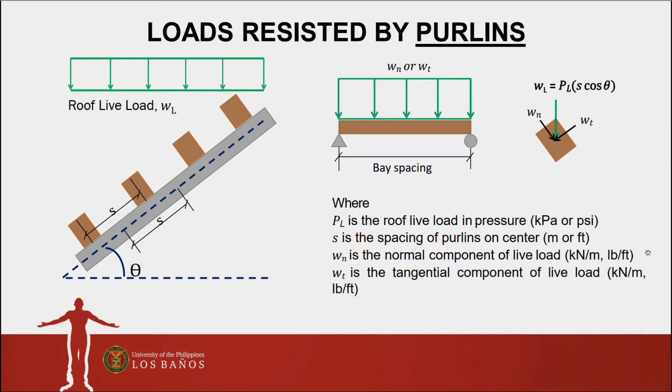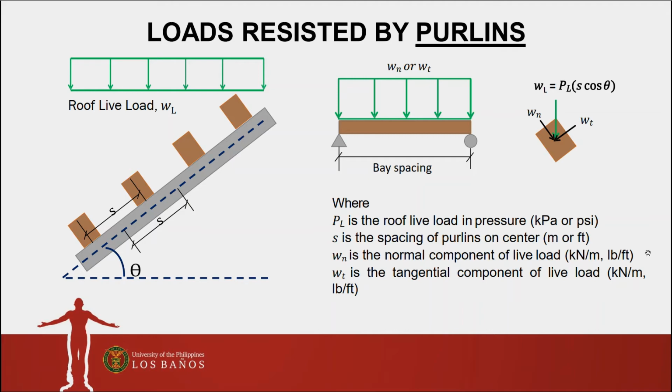For the roof live load, it is different from the roof dead load, since the roof dead load acts on the inclined length of the rafter, while the roof live load acts on the horizontal projection of the inclined length. In order to relate the roof dead load and the roof live load, we need to change the projection of the application of load from a horizontal projection to the inclined length.